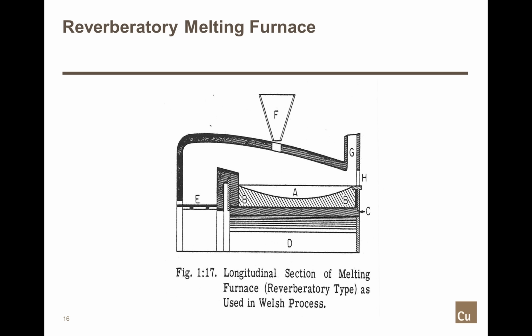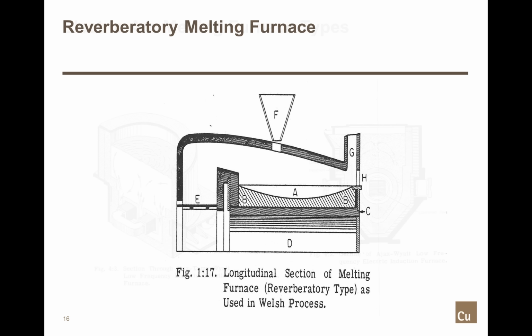You have a collection point, F, for any fumes and so forth. This is just a very basic diagram. This can house a reservoir that's absolutely huge as far as copper material. And of course, you cast out of this.